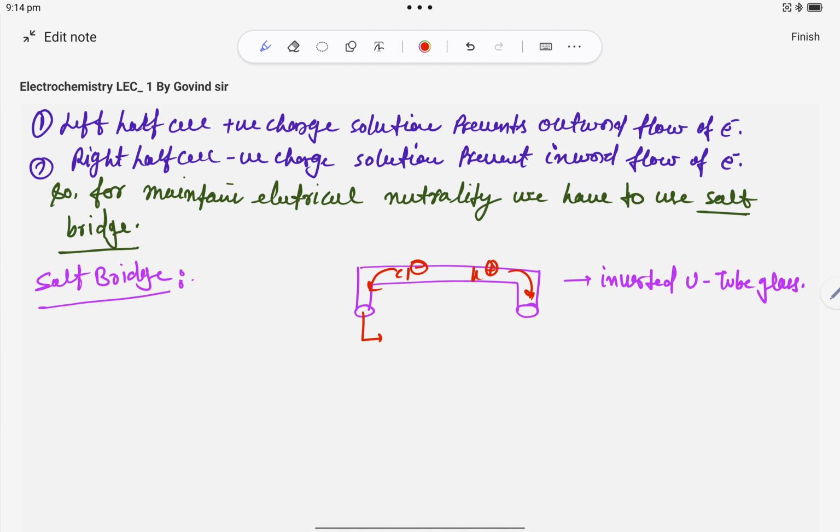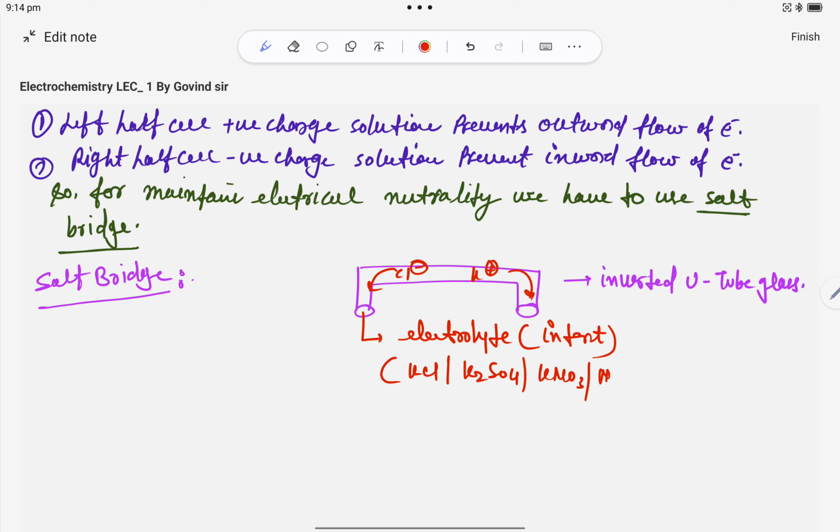It is filled with electrolyte, and the electrolyte should be inert. Inert electrolyte means it should not react with ions present in the solution. You can use KCl, you can use K2SO4, you can use KNO3, you can use NH4Cl, etc. But in our book KCl is given.